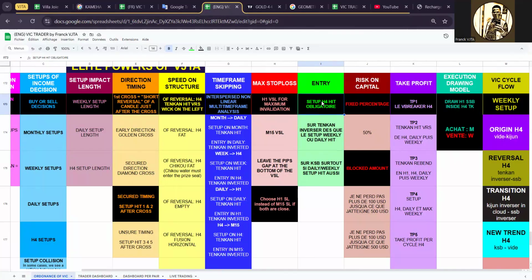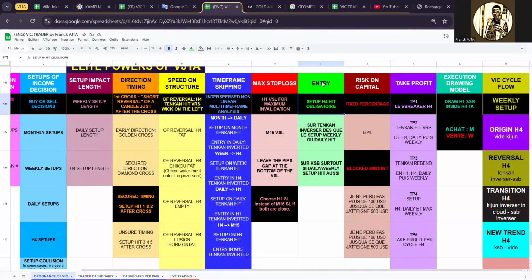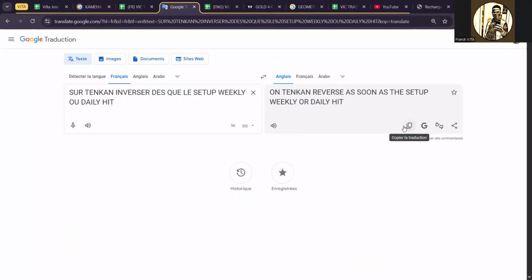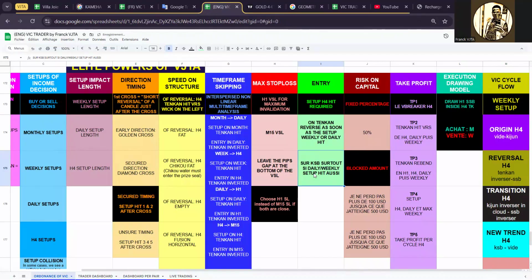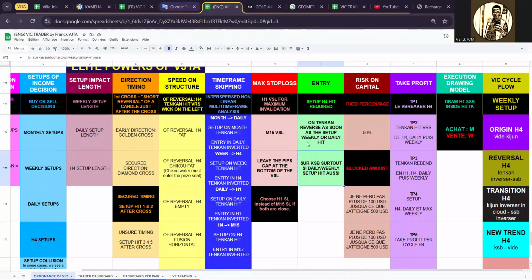The only thing that I will remind you of, which is obligatory, is that your decision to enter is on a setup that hits at least H4. An H4 setup must be hit at least. It is on Tenkan embedded that you enter. You already know it. So let us leave the entry.